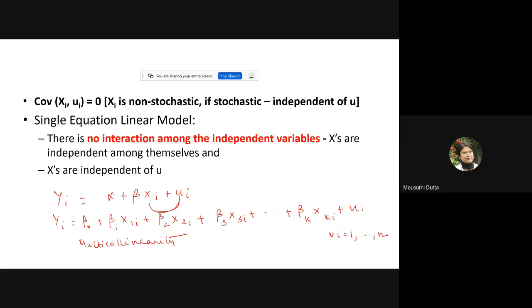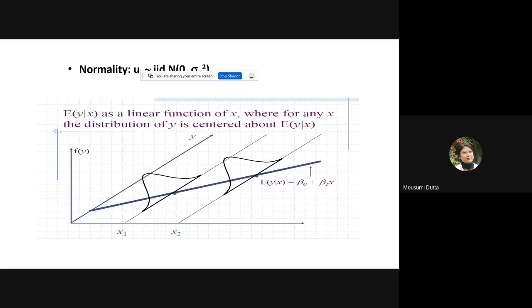Number 2, variance of ui is equal to sigma square, a constant, the homoscedasticity assumption. Third, covariance between ui and uj is equal to 0, the non-autocorrelation assumption. Fourth, covariance between ui and xi, that is, between the error and the explanatory variable, should also be equal to 0. So these are the 4 assumptions already completed, and I didn't bring any distributional aspect there.